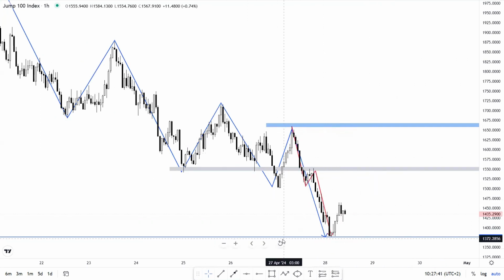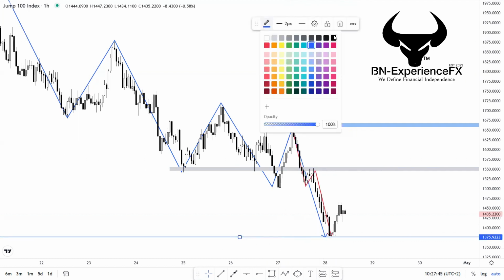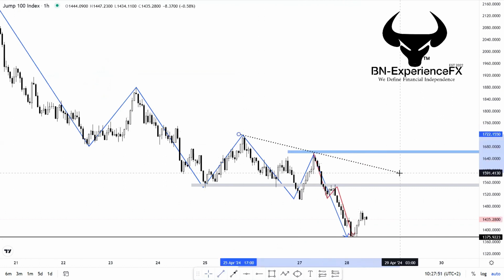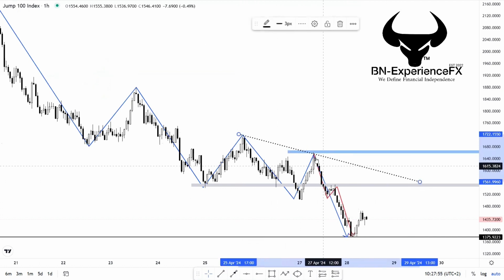Then another point that I would like to add is the trend lines, right? With the trend lines, for me, I like to keep them fresh, meaning that we could have something like this: first touch, second touch, then extend here.